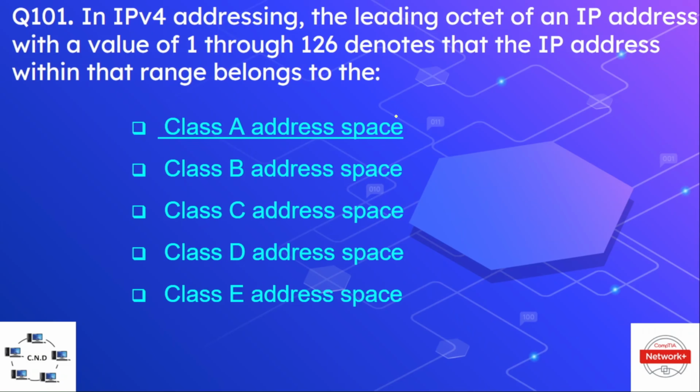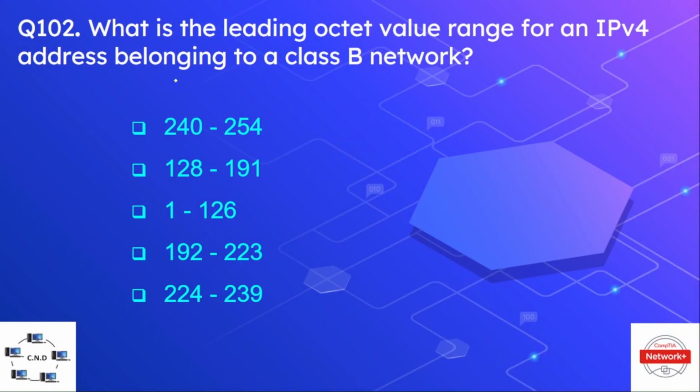And the correct option is that when the first octet, for example in 10.1.2.3, this is the first octet. If this octet is between 1 up to 126, then this is the class A address space.